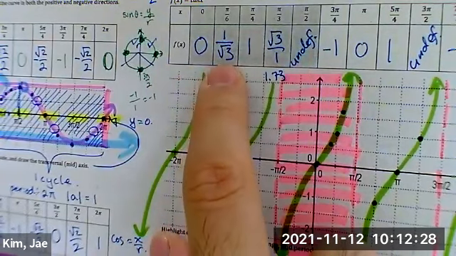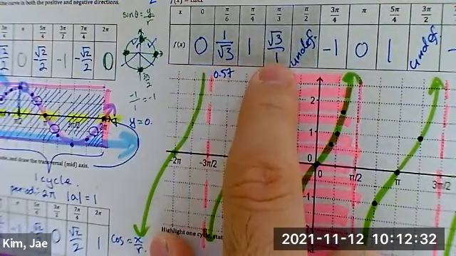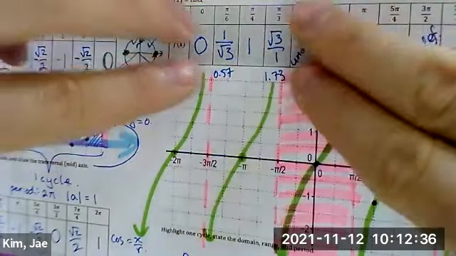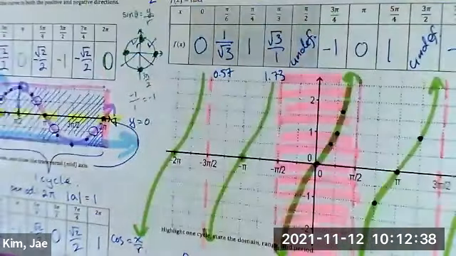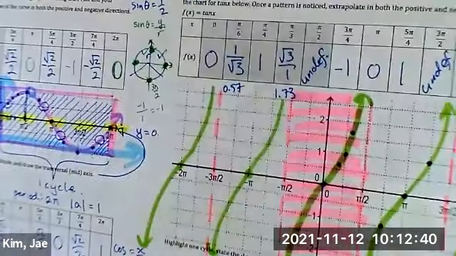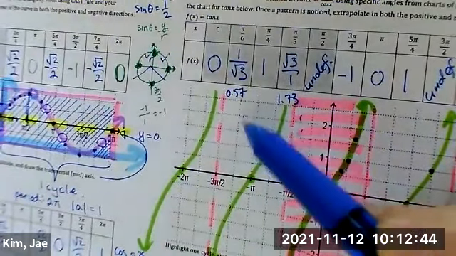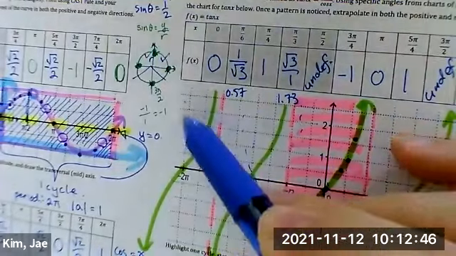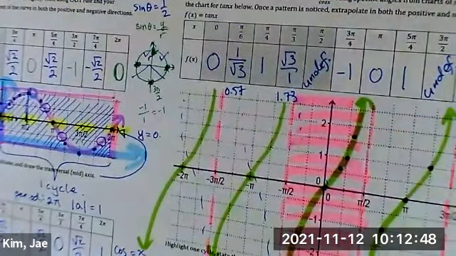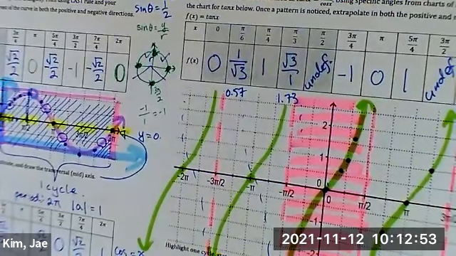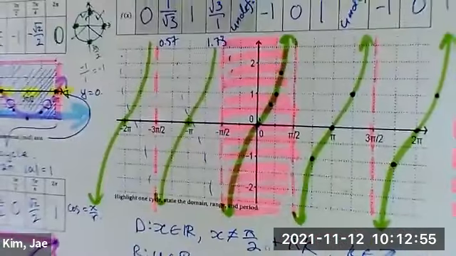This becomes root 3 over 1. This becomes 1 over root 3. Do you notice that there's a mirror image going on? Yeah, the cotangent is basically that. So maybe that's why the textbook decided they can figure it out at university or whatever. They don't really specify it.